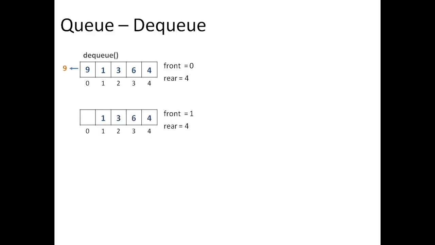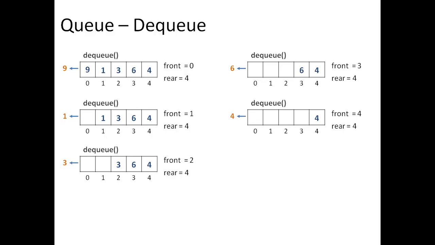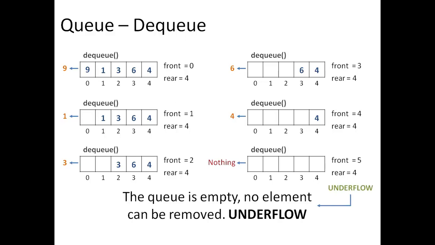So again, after some time, the continuous execution of the dequeue operation will make the value of front greater than the rear, as is shown here. At the end, we have front equals 5 and rear equals 4. So front is greater than rear. This will now signify the condition of underflow.